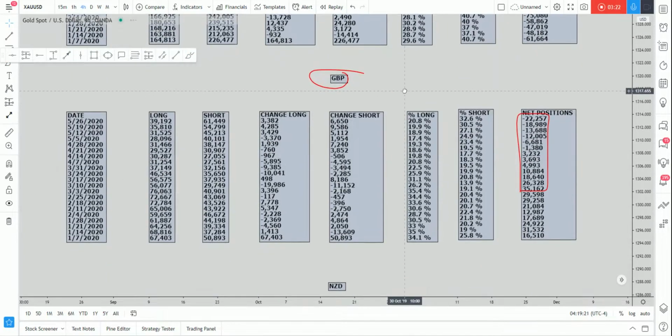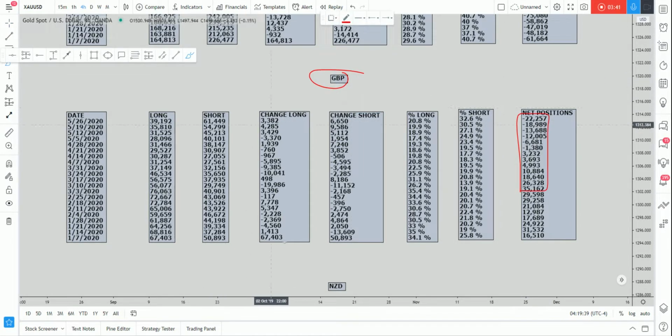If we go and see what we have from a GBP perspective, we can see a similar situation but to the opposite side. In fact, net positions went from 35k to minus 22k. So the positioning of hedge funds on the pound went from having more longs than shorts to having more shorts than longs.